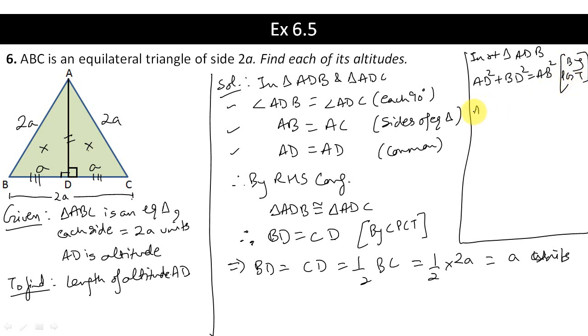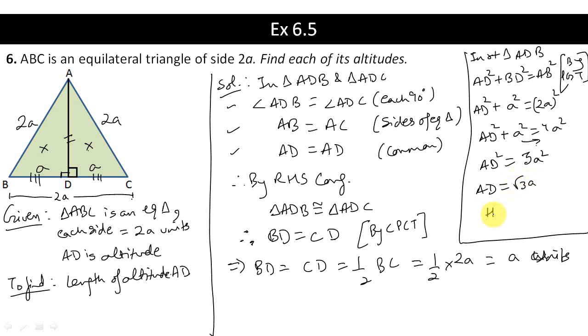Value of AD, this we have to find, plus BD is A, so this will be A square, and value of AB is 2A, whole square. So AD square plus A square is equal to 4A square. That means AD square is equal to, this A square will move to the right hand side, and this will become 3A square. So the value of AD will be root 3 A.